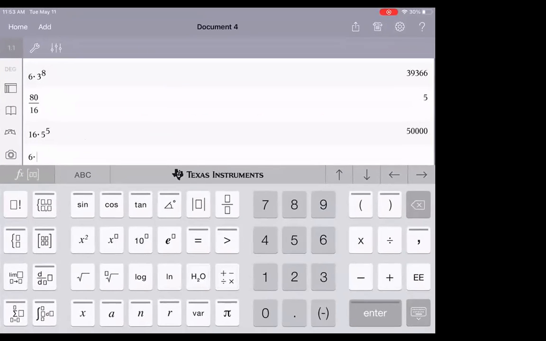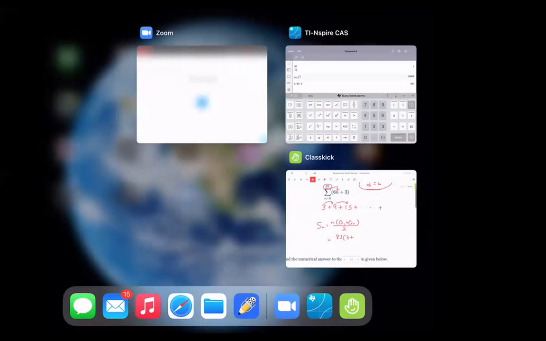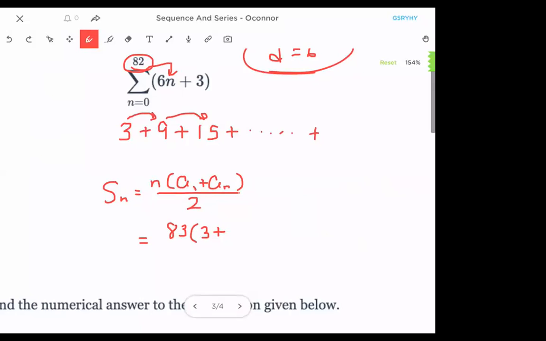So 6 times 82 plus 3 is 495. That's going to be my last term. Okay, I'll write it up here. You guys wouldn't have to, but we definitely have to write it here, 495, all divided by 2.